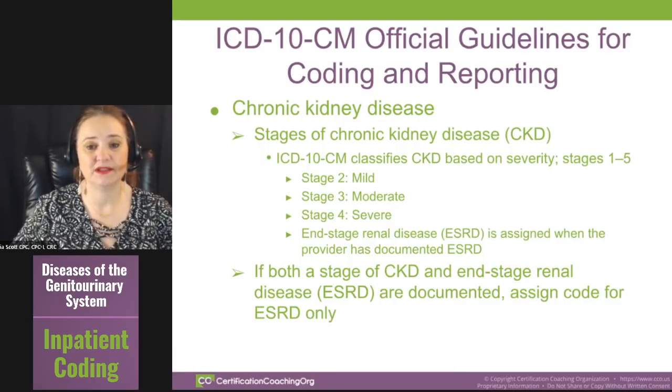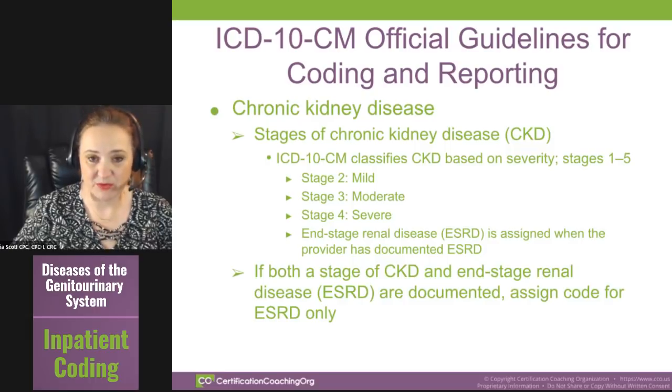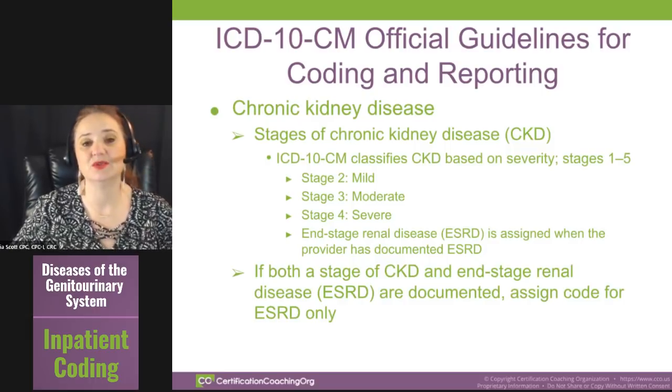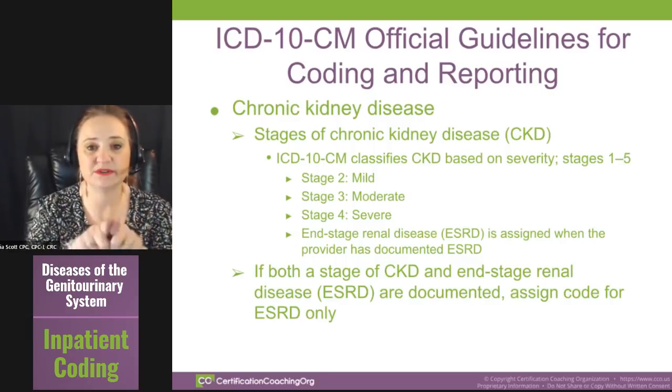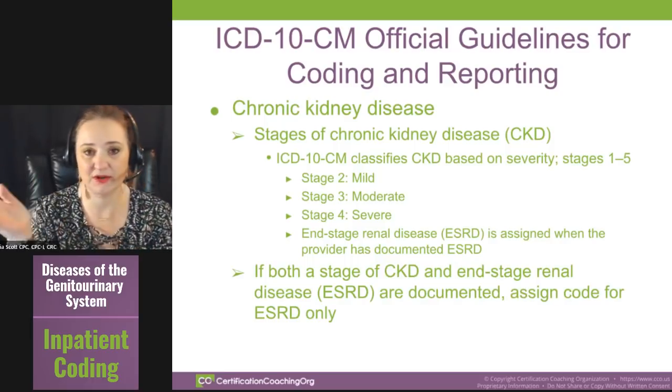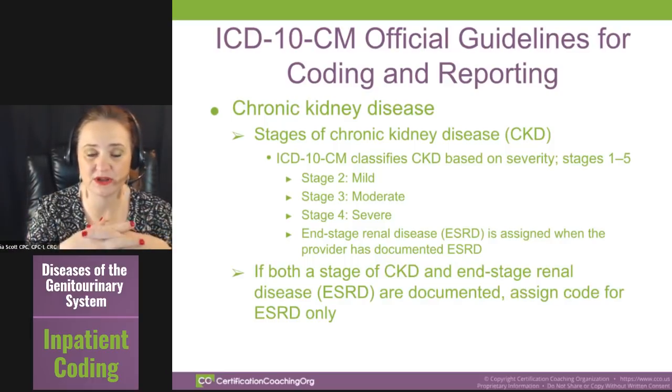Whenever you talk about the genitourinary system, probably the first thing that comes up, and one of the first diseases that you learn about coding, is CKD, or chronic kidney disease. Chronic kidney disease has a causal relationship with hypertension. Many people have hypertension. It's really common.